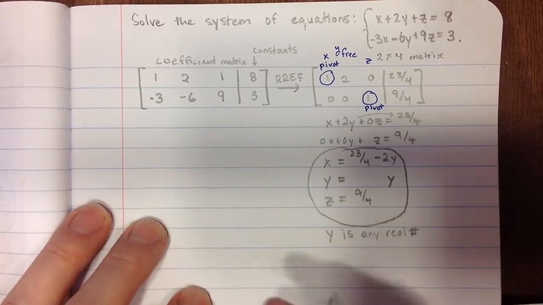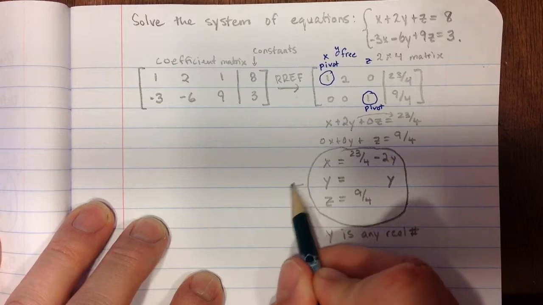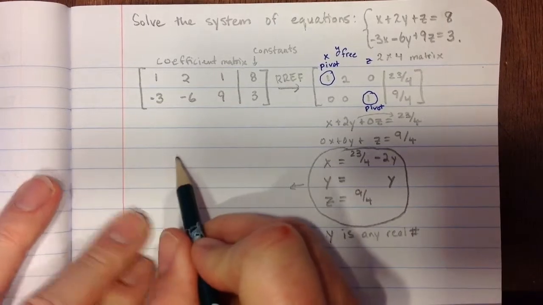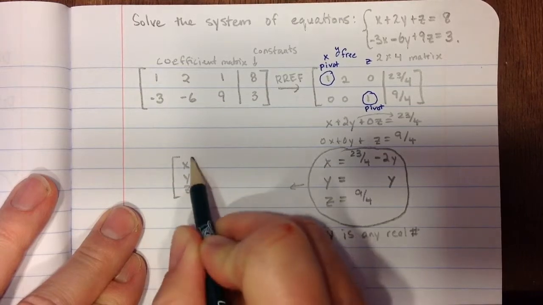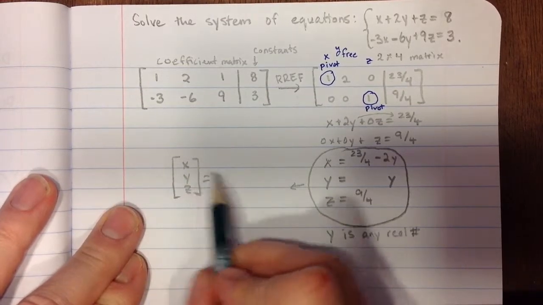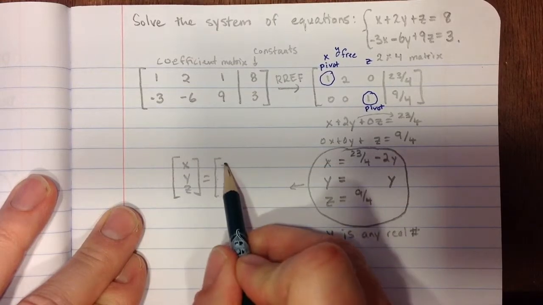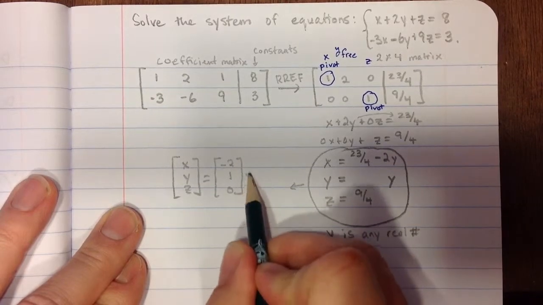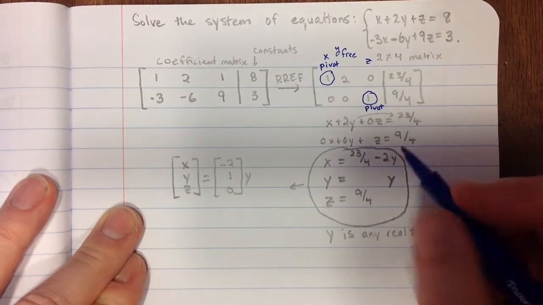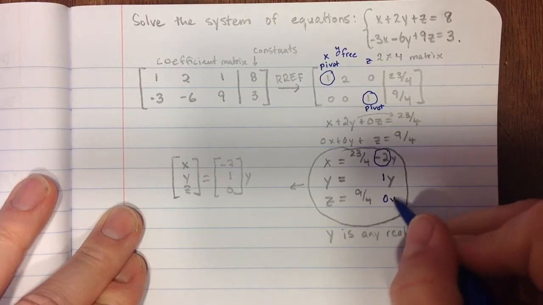Sometimes we want to write this in what we call a parametric form, a vector form. So we can write this in terms of a vector. We can say the vector x, y, z is equal to, if I factor out that y, I would have -2, 1, and 0. Those are the coefficients in front of y. -2, 1, and there are 0 y's here.